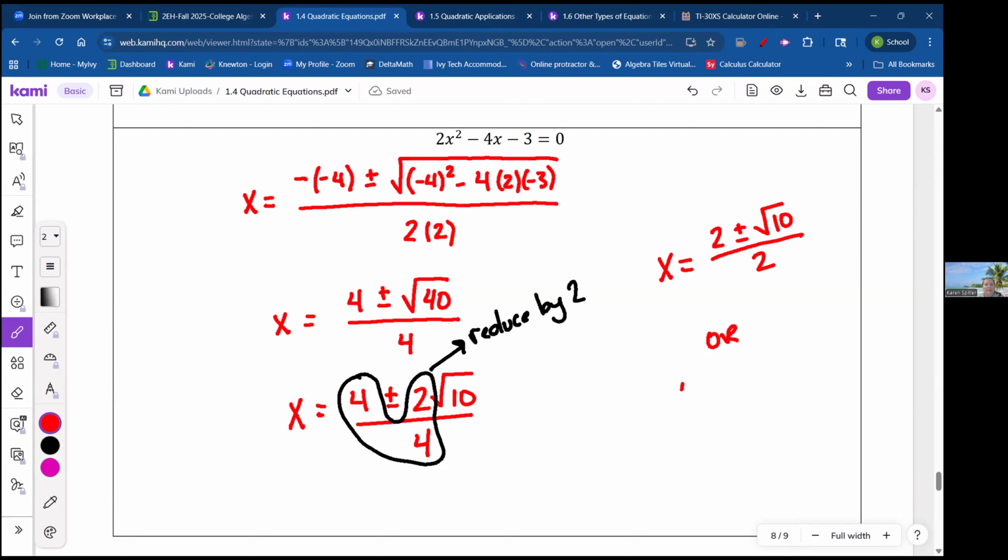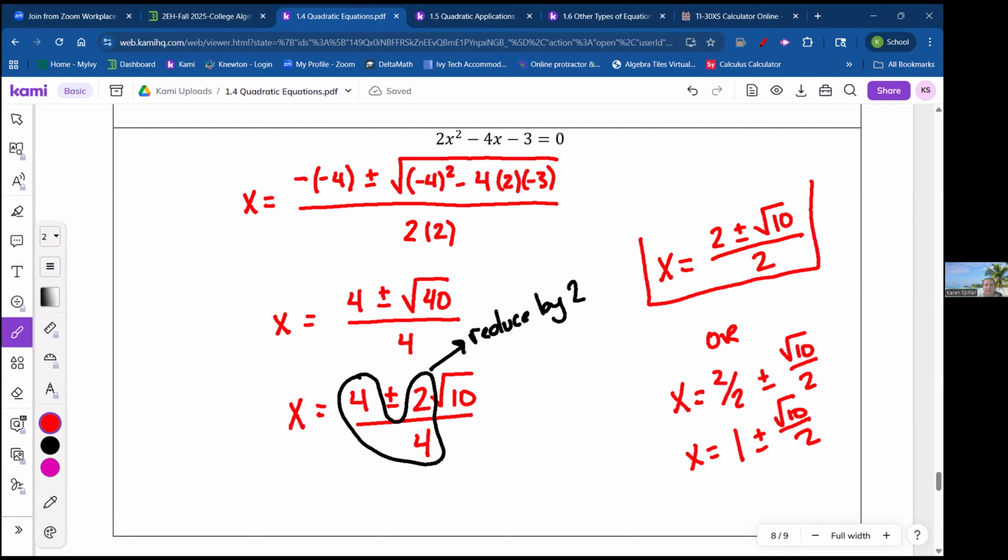You can write this as x is equal to 2 over 2 plus or minus the square root of 10 over 2, which becomes 1 plus or minus the square root of 10 over 2. You do not have to do the simplifying part. This is sufficient. You can keep it lumped together as one solid answer.